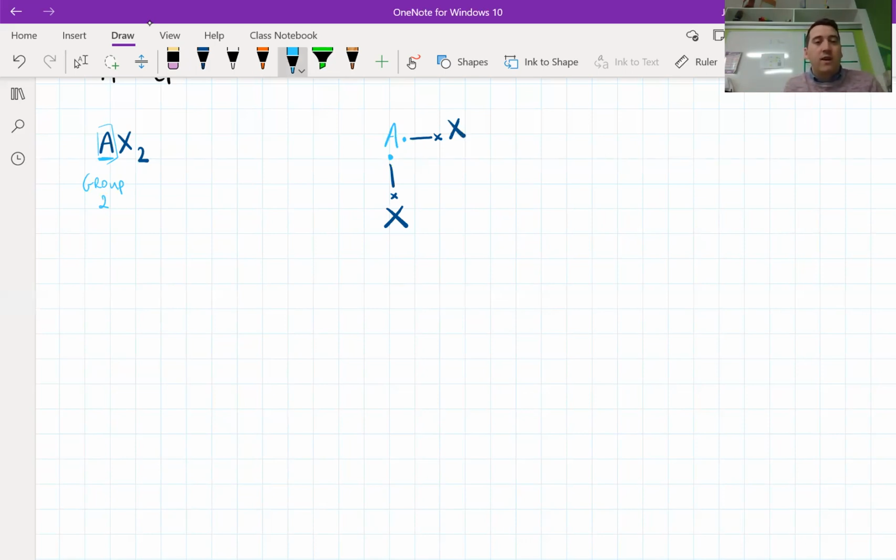Right, that was a little sidetrack, sorry. Back to the shape. Is this correct for the shape? The answer is it's not. The reason why is that, remember what each of these lines are. This line here is a pair of electrons. Electrons have a negative charge. This line here is a pair of electrons. Electrons have a negative charge.